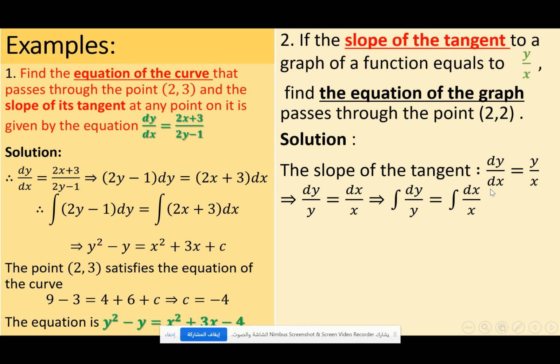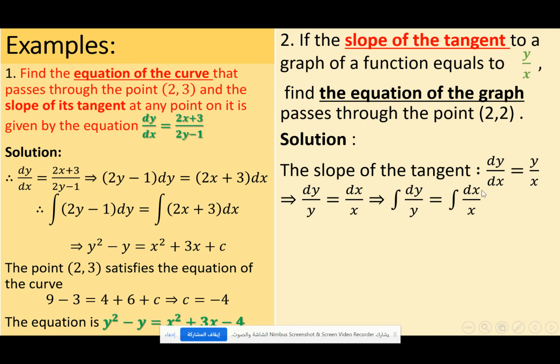To make y's together and x's together, make a switch between up and down. You will get dy over y and dx over x. Now you can integrate them.